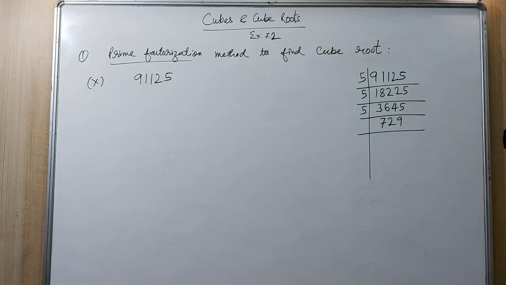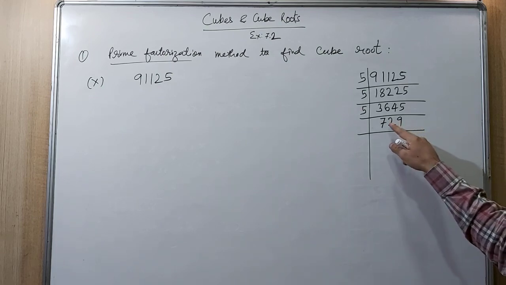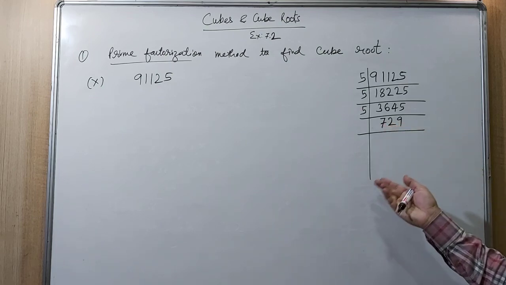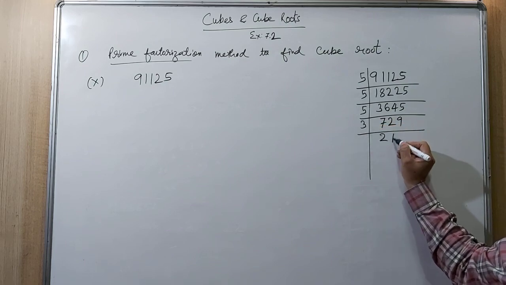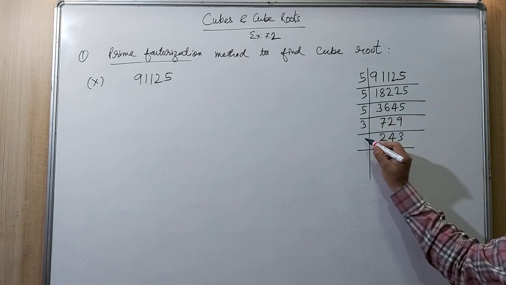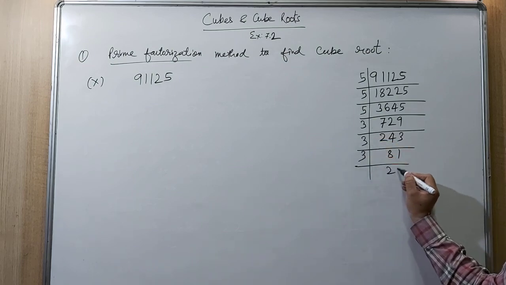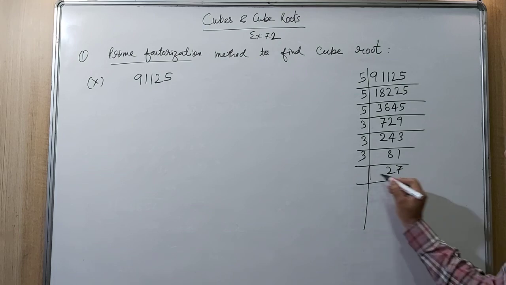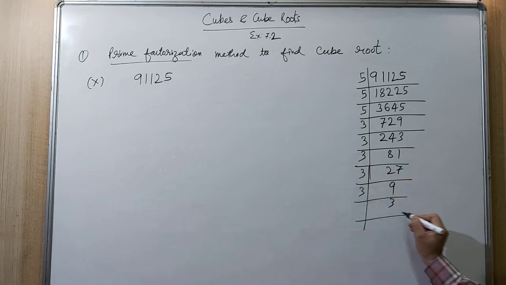Now we have 729, right? You can see it is divisible by 3, since the sum of digits is 7 plus 2 is 9, 9 plus 9 is 18, so we can divide it by 3. Now again by 3, 81 times, again by 3, 27 times, again by 3, 9 times, by 3, 3 times, and by 3, 1 time.